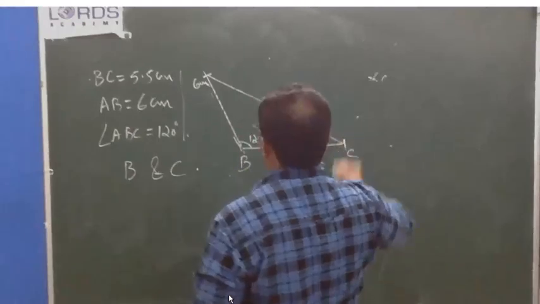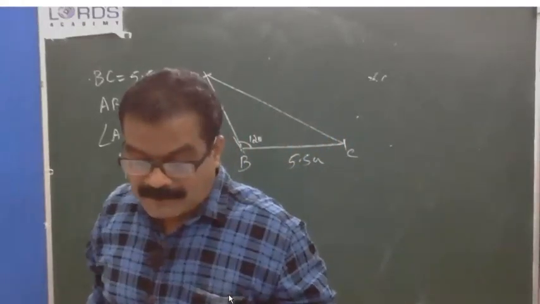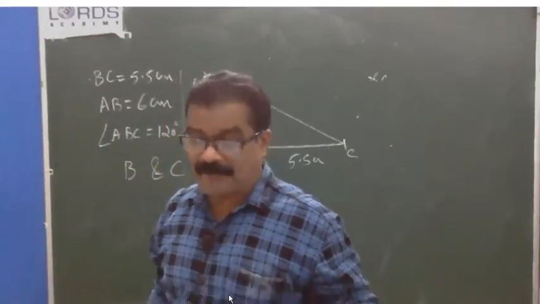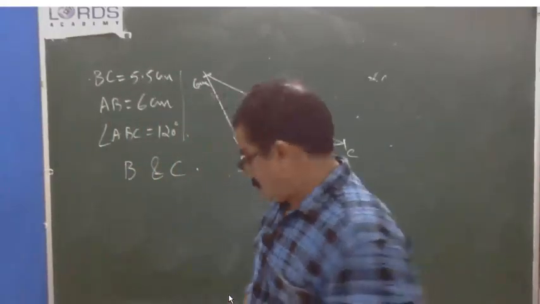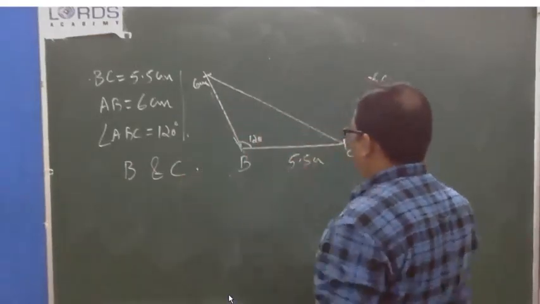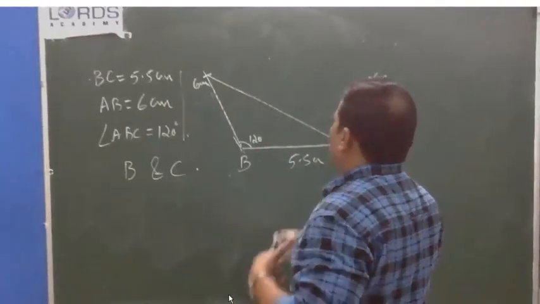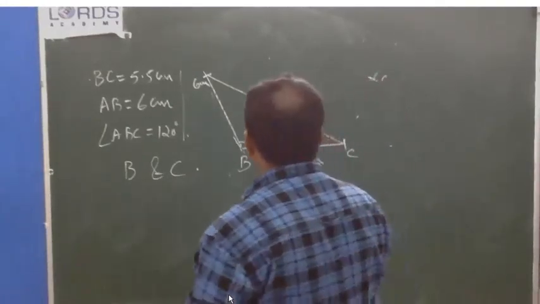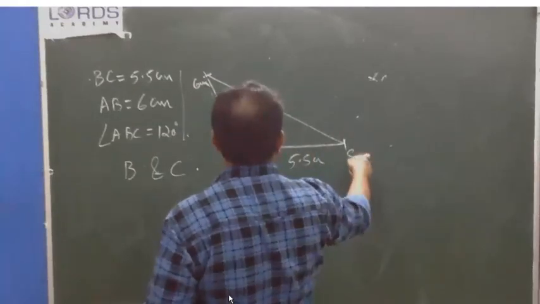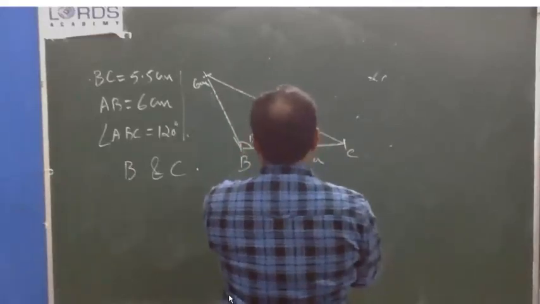Yes, in the problem they told like that, in which base BC is 5.5. No problem. Okay. Then you draw the circumcircle of this triangle. To get the circumcenter, you draw the perpendicular bisector of BC.